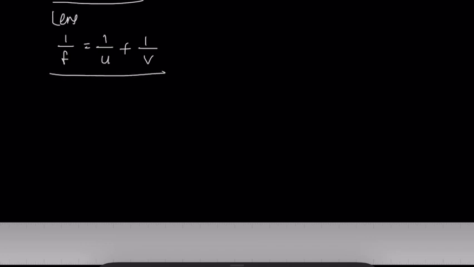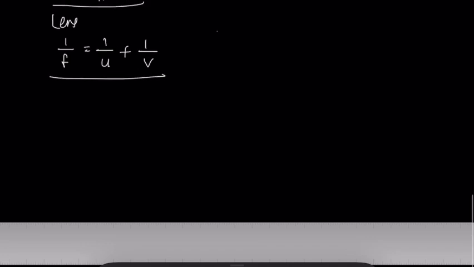Okay, now let's move to the calculation. The calculation for mirror, there's not much about it, only for the lens. For the lens, you can determine the object distance, image distance, and the focal length through this formula. f is obviously the focal length.